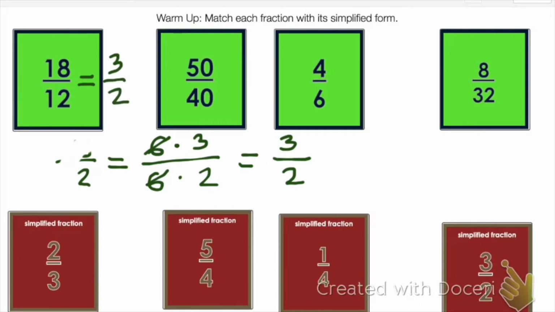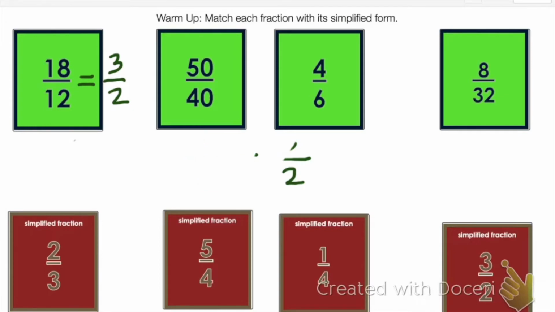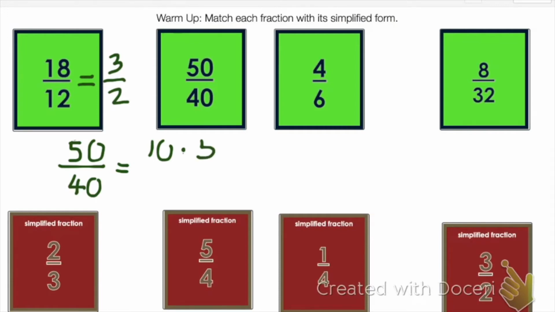Okay, the next problem, 50 over 40. What number goes into both 50 and 40? 10, right? So 10 goes into 50 5 times, and 10 goes into 40 4 times.